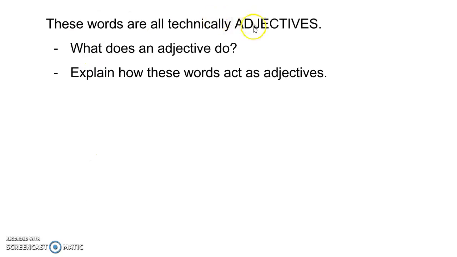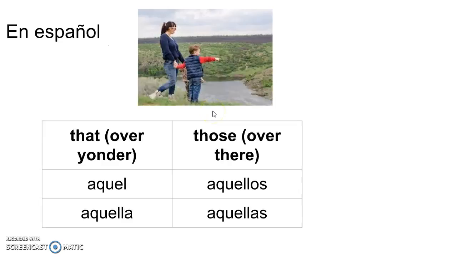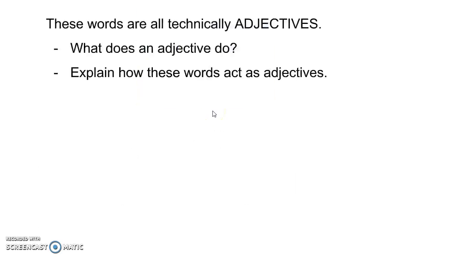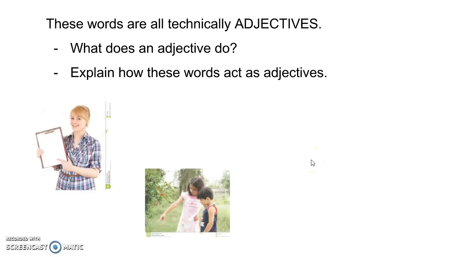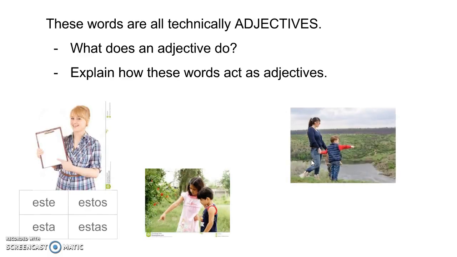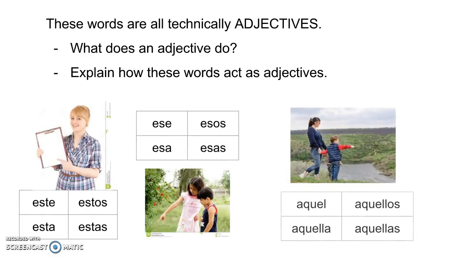These words are all technically adjectives, right? These are adjectives, and they change the way adjectives change, right? So what does an adjective do? Answer that question. Right, and why are these words then adjectives? What do they do? All right, and here we can see the difference between them, right?